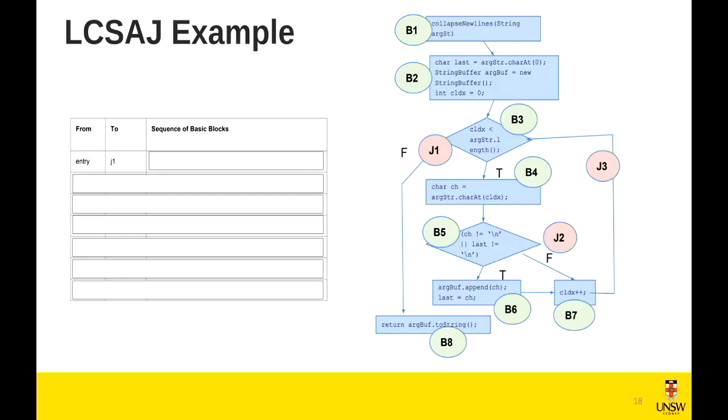Let's have a look at some concrete examples. For all these LCSAJ segments, we have a starting point and an end. Let's assume the starting point is entry B1, and the end is a jump at J1. What is the sequence of basic blocks here? It's quite straightforward, right?